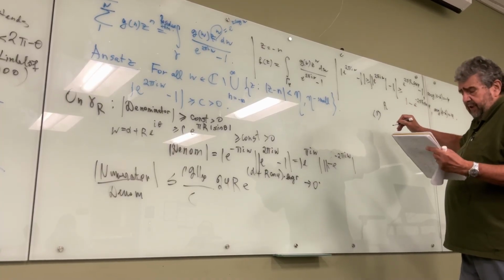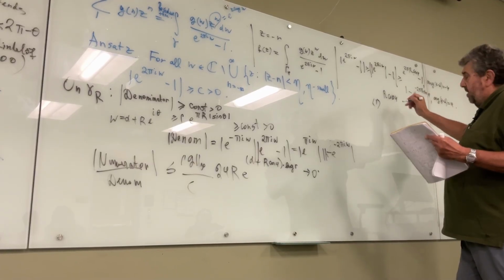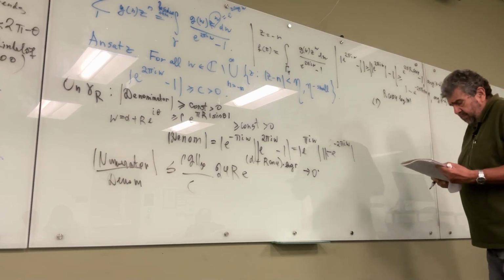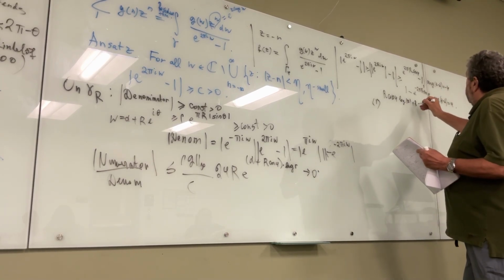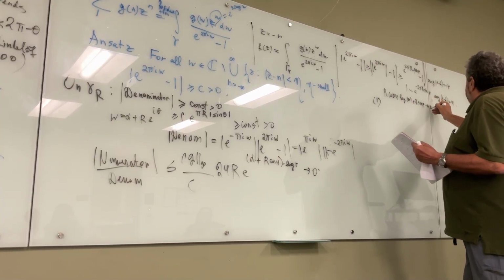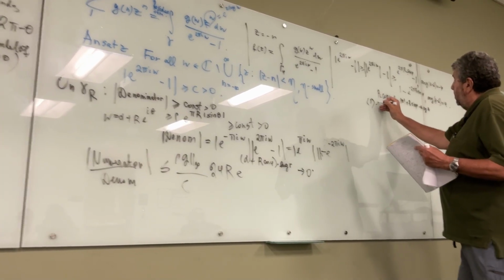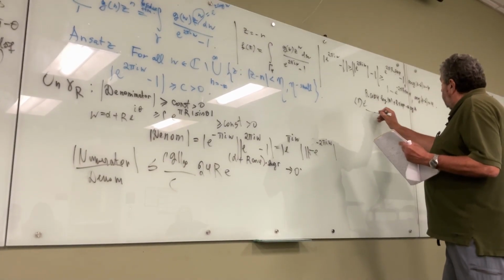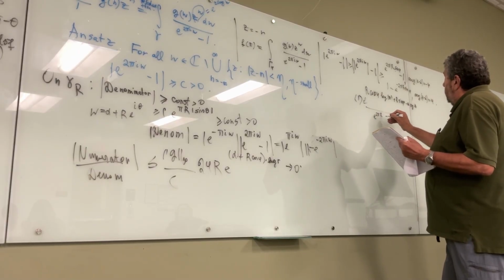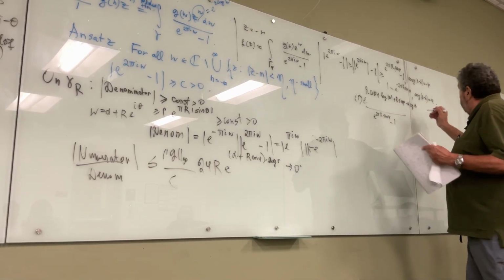When you calculate the absolute values, you get e to the power cosine phi log of absolute value of z plus r sine phi minus argument of z, divided by e to the 2 pi r sine phi minus 1, and that is on the lower part.